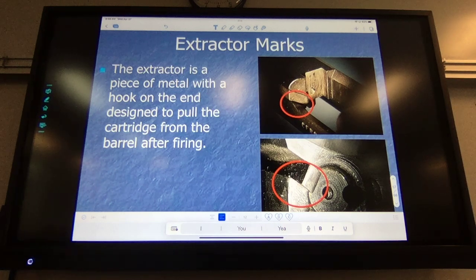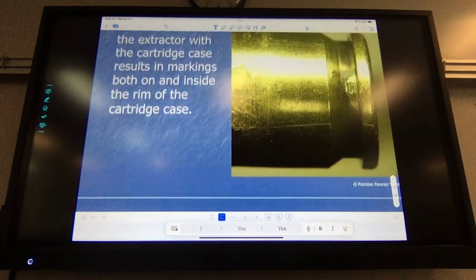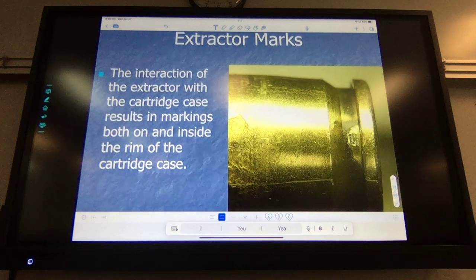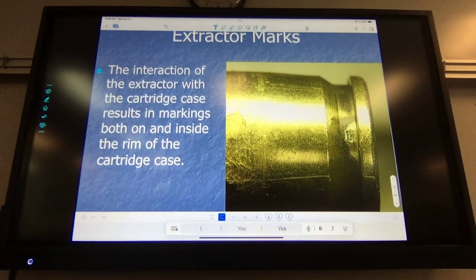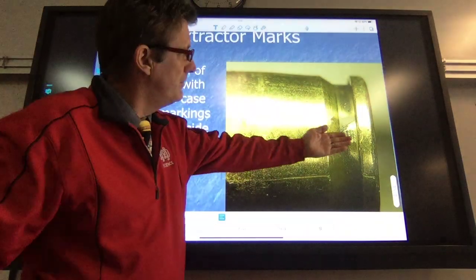So the extractor has to extract it out of the chamber, and there's different mechanisms. They're made out of metal, and they're hitting metal, and they're going to scratch it or dent it. So I'll show you what those marks look like. The extractor marks are on the side of the cartridge.